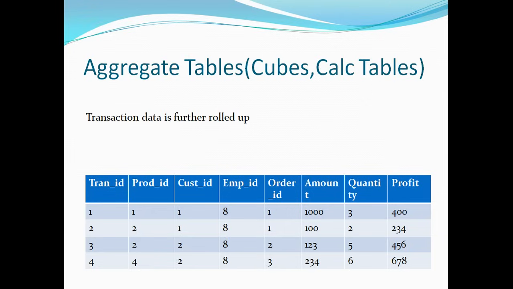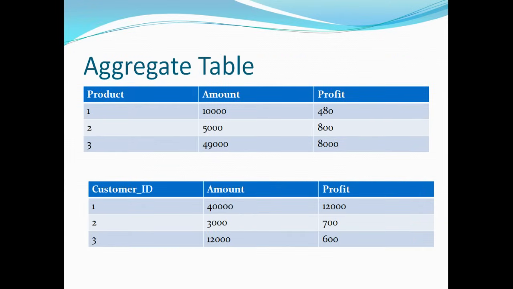So what we will do simply here is take the product ID, group by the product ID, and take the sum of amount and profit. So if you see here, this product is comparatively low in sales and making low profit, while these two products are relatively making more profit.